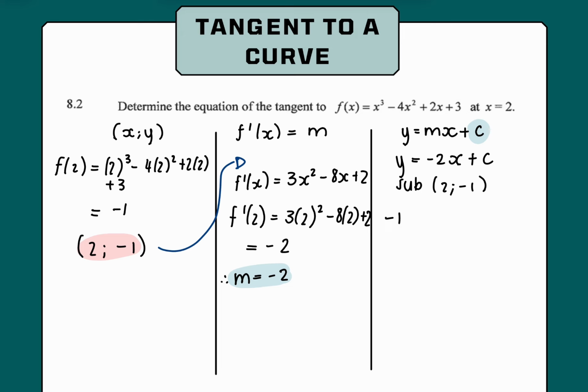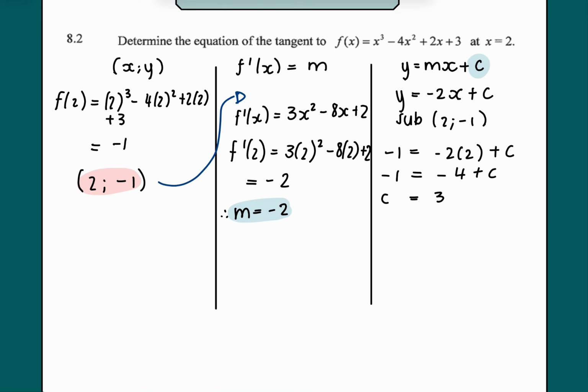So I would get -1 equals -2 multiplied by 2 plus c. That means it's -1 equals -4 plus c, meaning that when I take that -4 across, c would be 3. Now I've got my c, I've got my m, and I've got my coordinates.